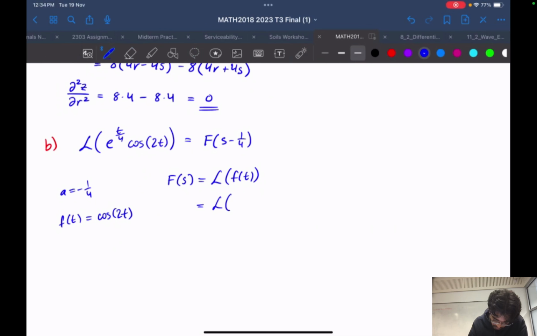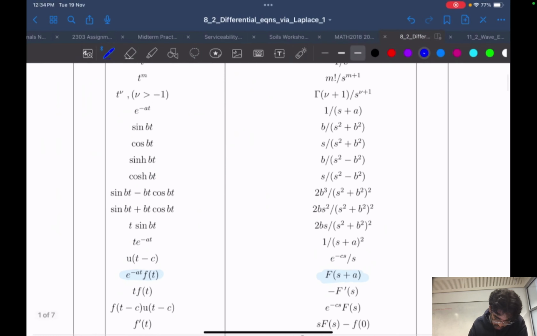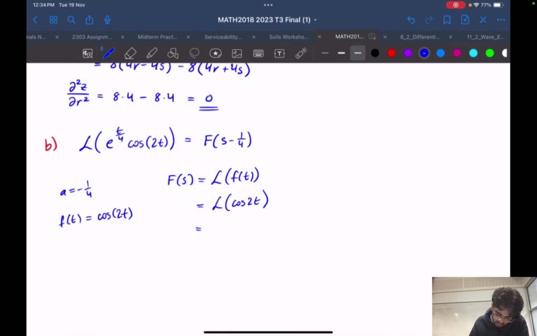The Laplace transform of cos 2t, using our table again, we're going to need to use this formula here. So you get s over s squared plus b squared. So if our b is equal to 2, you just get s all over s squared plus 4.